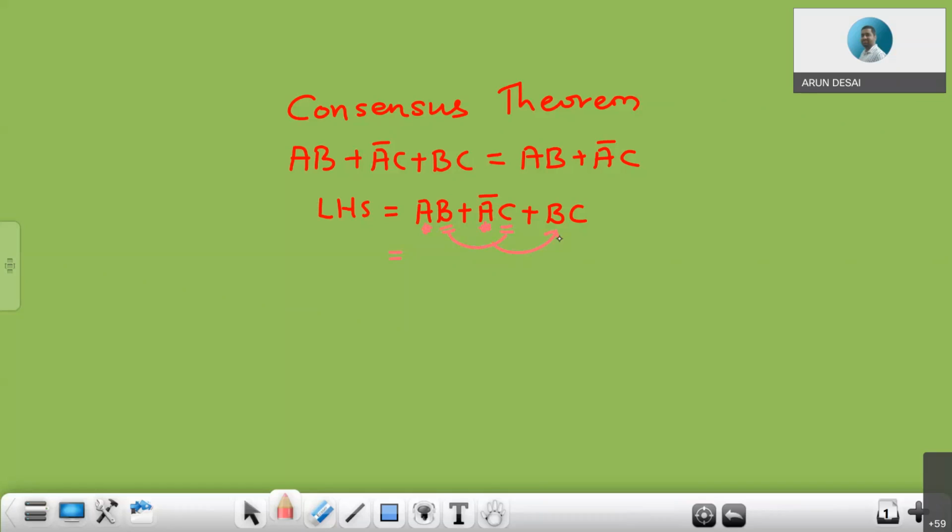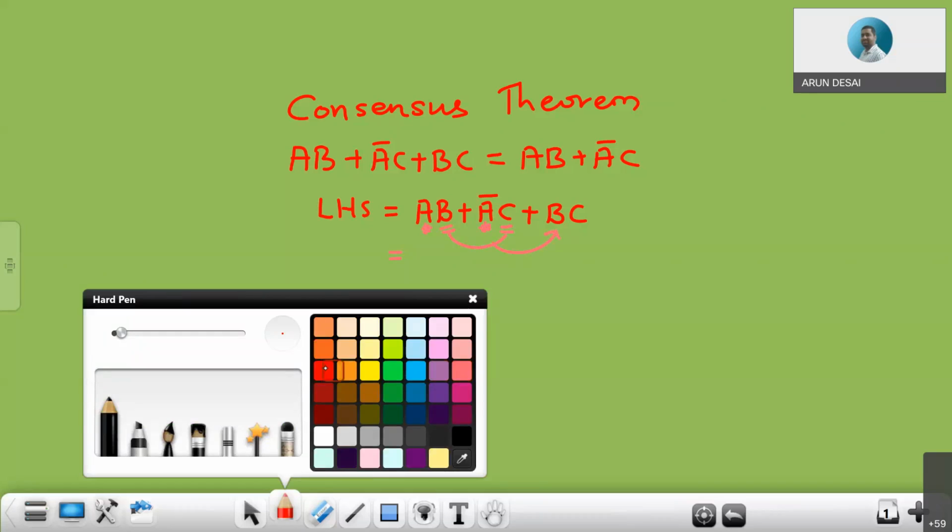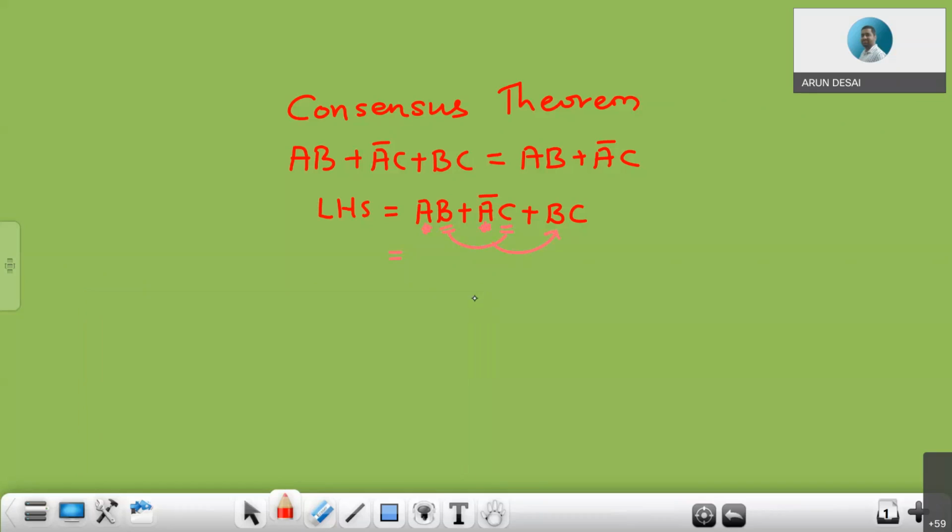In such cases, you need to solve this expression by adding a term, right? If you find that a term in the expression is made up of variables which are there in other terms, in that case you need to check. When do you need to check?